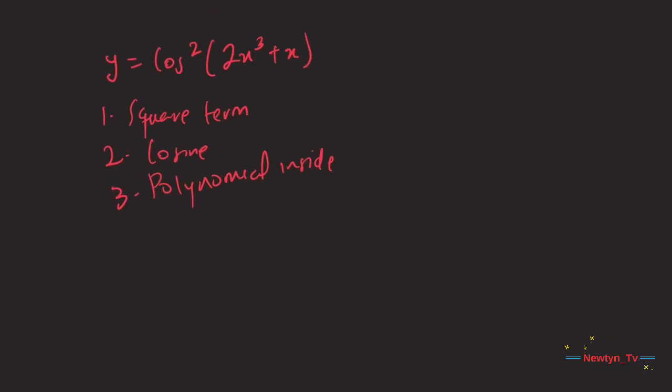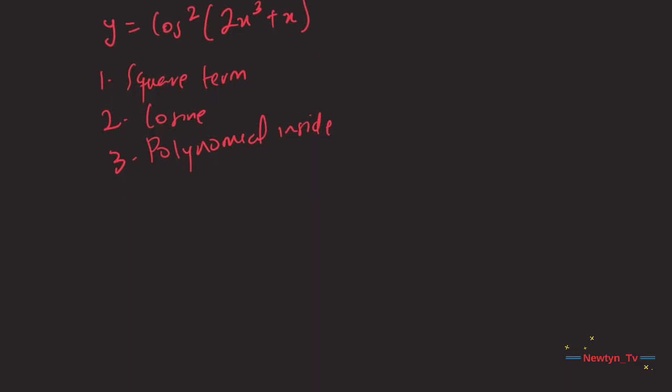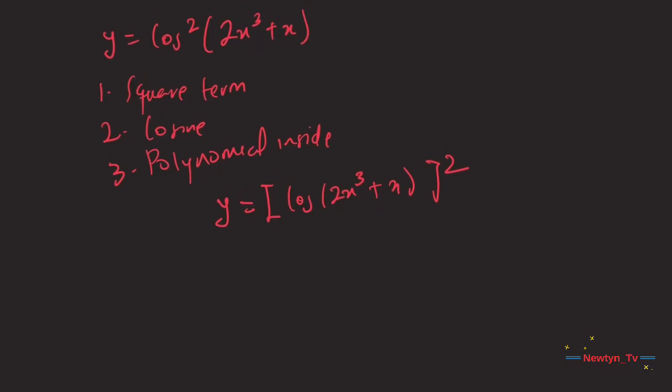So let's handle them one by one and see how it goes. So let's rewrite our question here. We have y should be equal to into bracket, cos of 2x cubed plus x, all squared. So when we do it again, this is how we are going to get it, right?